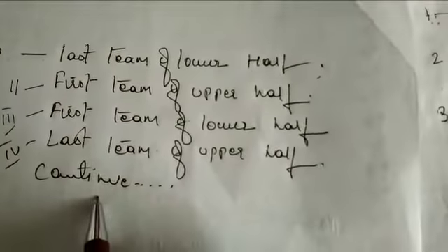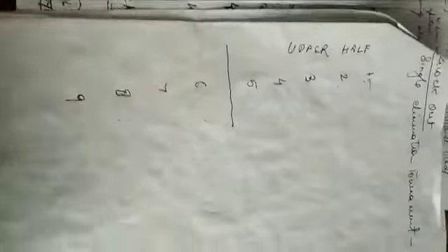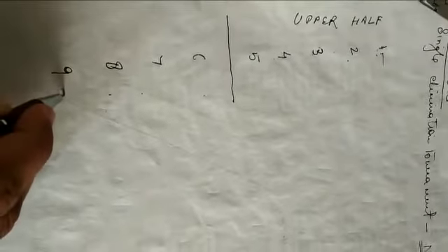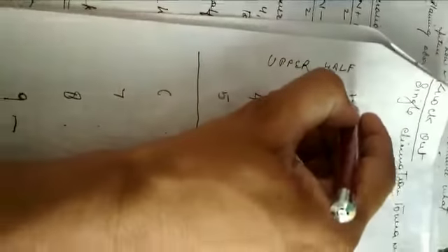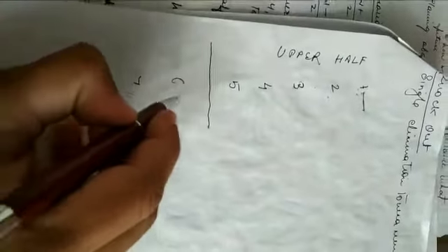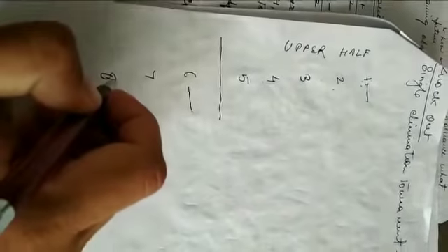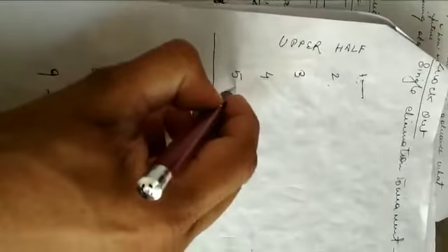And then continue. Let's see here if the formula comes. What I said: the first bye will be allotted to the last team of the lower half, then the first team of the upper half, then the first team of the lower half, then the last team of the upper half.